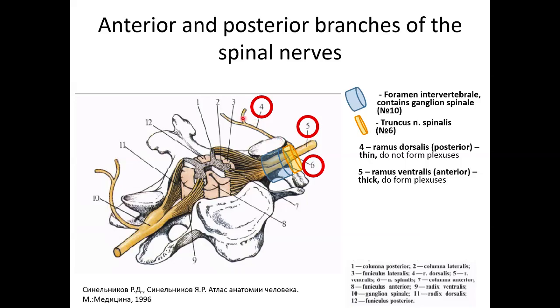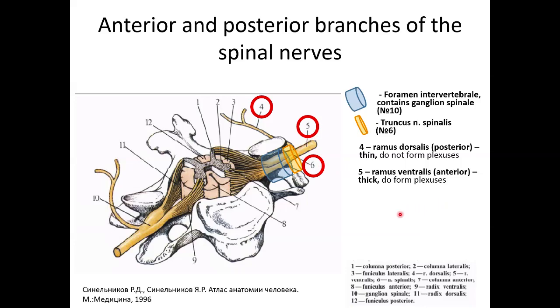Ramus dorsalis, which is thin, and ramus ventralis, which is thick. And besides this thickness or thinness, there is a very important difference between these rami. Ramus dorsalis does not form plexuses, but ramus ventralis does form plexuses.